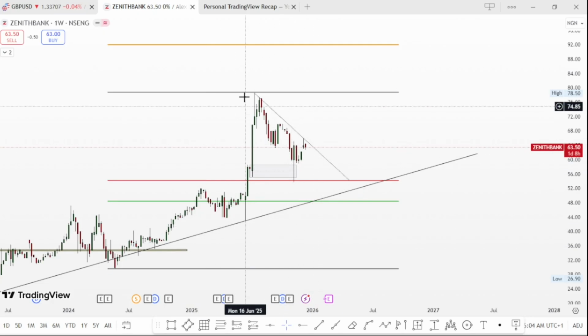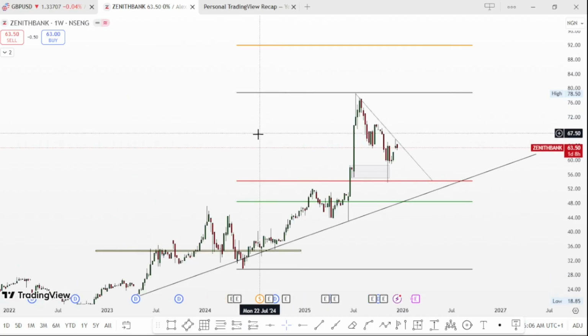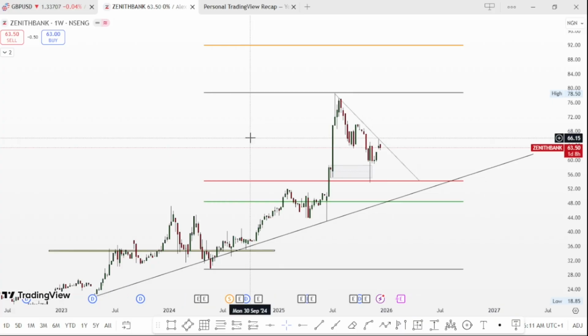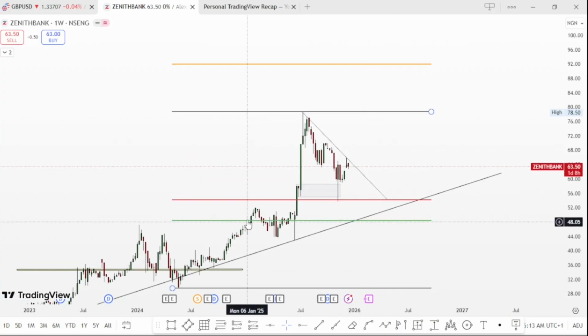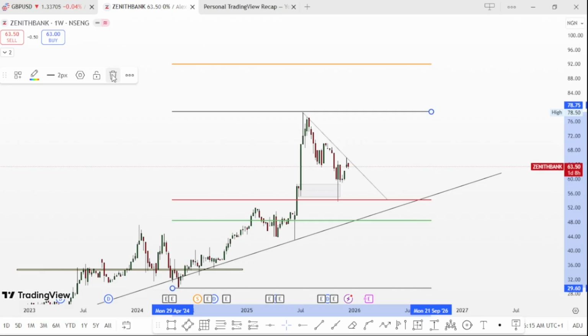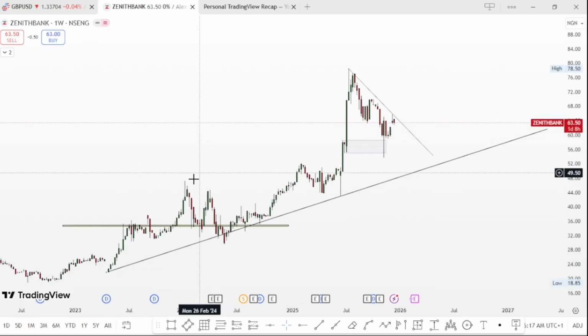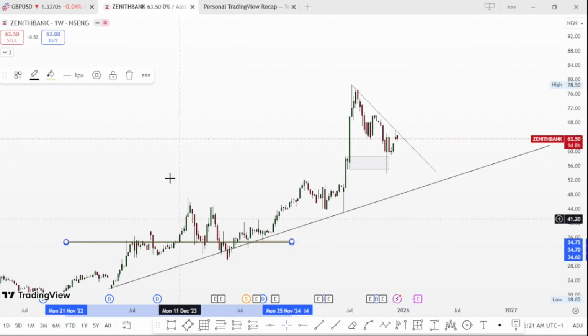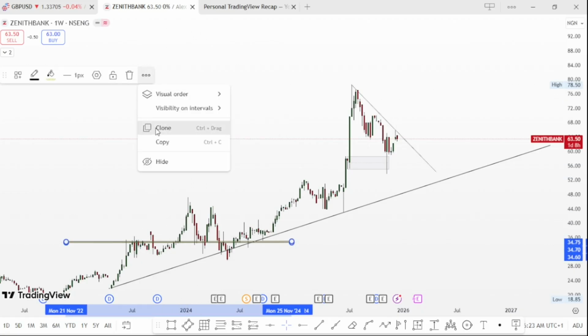It's still candlestick, still price action. I'm predicting and forecasting that if you see Zenith Bank take out this trend line, the descending trend line, this is literally giving us a bullish flag vibe.